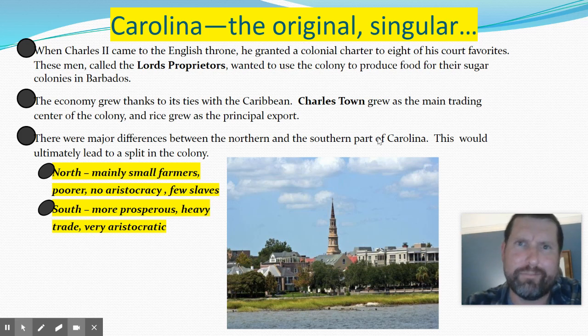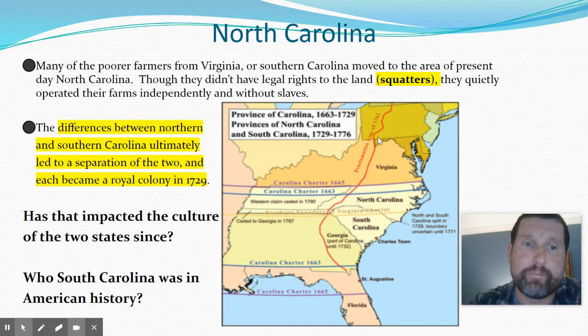South Carolina, believe it or not, actually is the wealthy Carolina. And North Carolina is mainly small farmers. There's no aristocracy. Very little in the way of slaveholding in North Carolina, originally at least, because the population filling North Carolina, as it were, wasn't wealthy enough to own that many slaves. The aristocrats, okay, are in South Carolina.